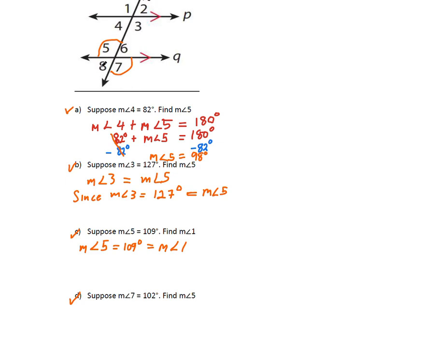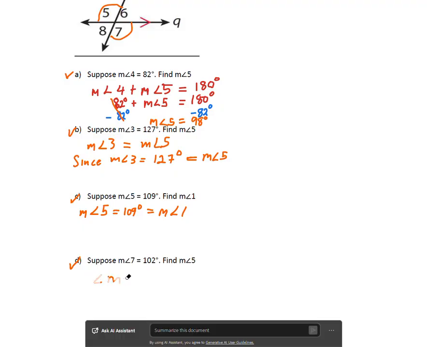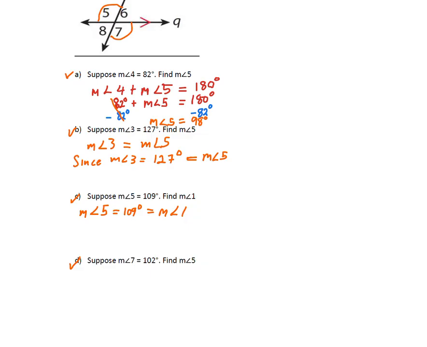By the same argument, angles 8 and 6 would also be vertical angles, and vertical angles are equal. So by that argument, if the measurement of angle 7 is 102 degrees, then the measurement of angle 5 would also be 102 degrees. So here we go.